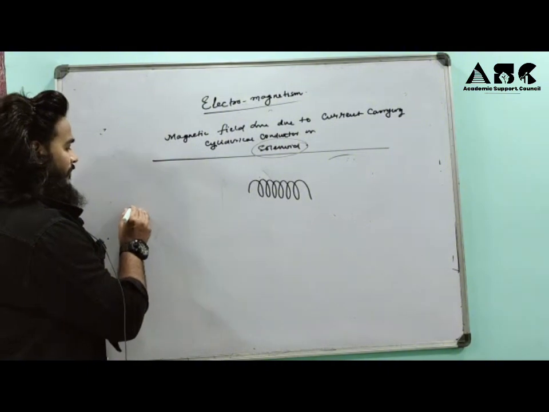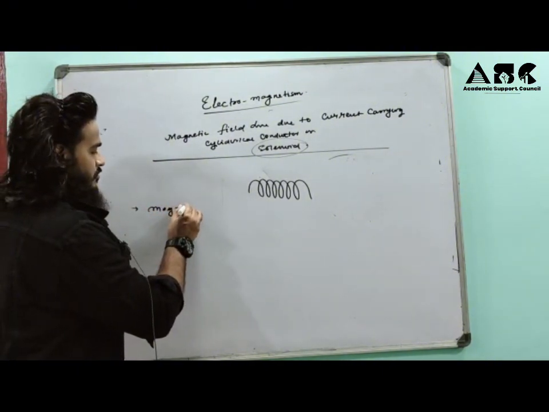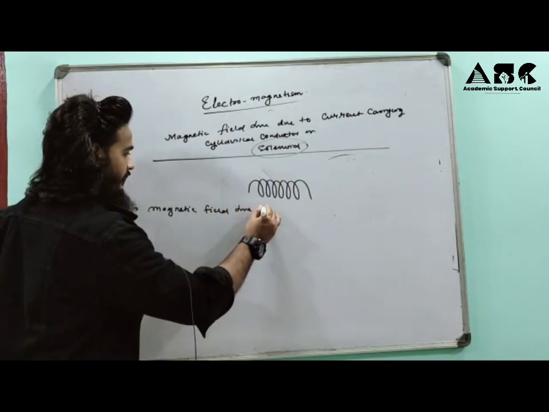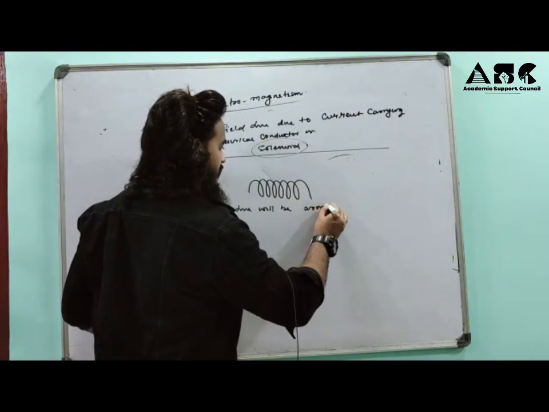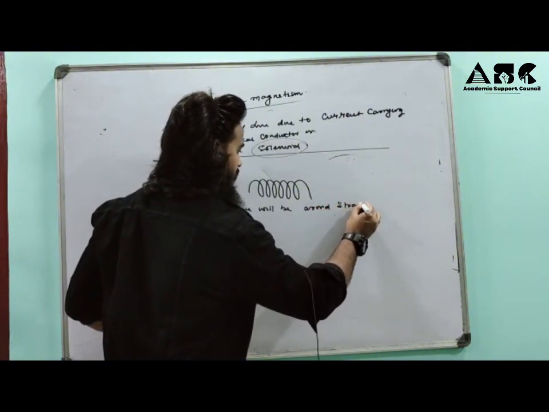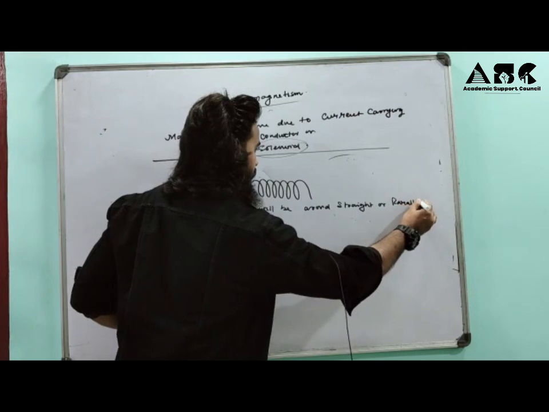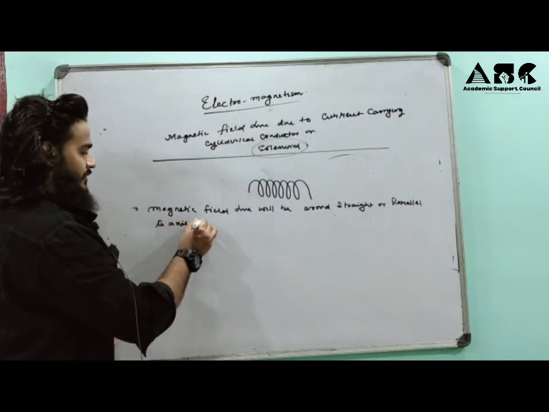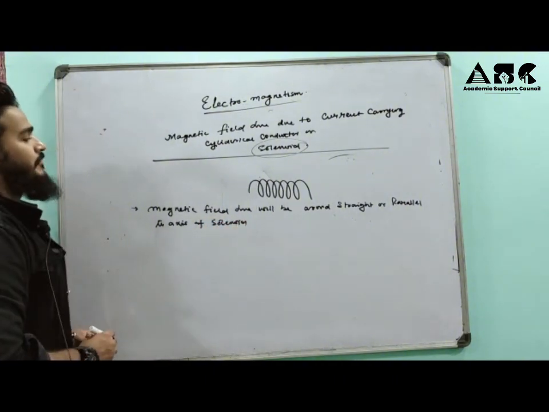Number one, you remember that the magnetic field will be around, straight or parallel to the axis of the solenoid. What is the meaning?